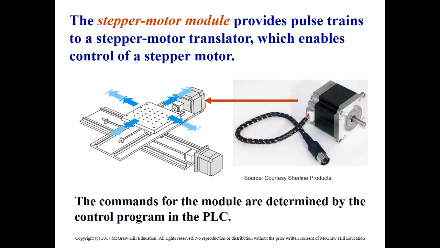Also here we have the stepper motor module, which is used with the stepper motor. We studied in chapter 1 the two types of actuators, which are the stepper motor and the servo motor. For the stepper motor, we have to use this specific module to connect the stepper motor to the CPU unit.